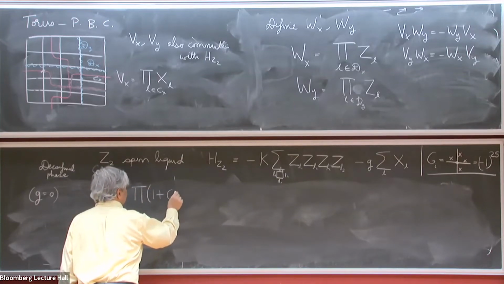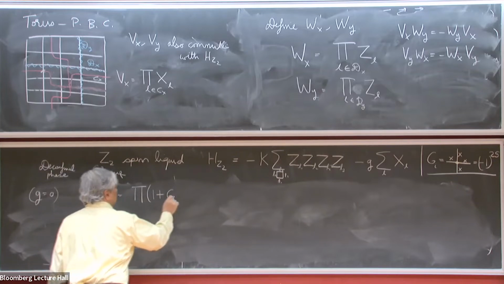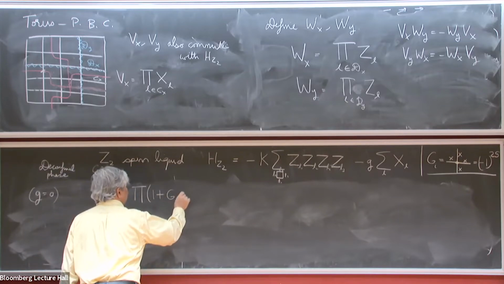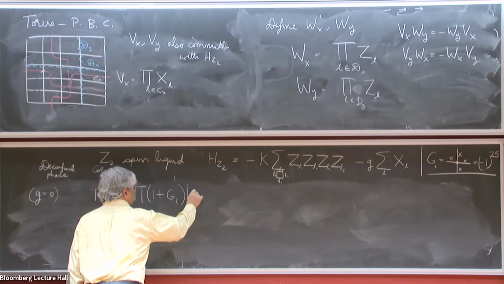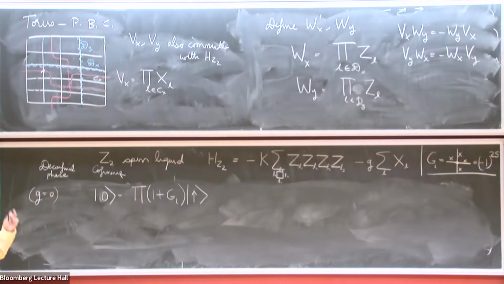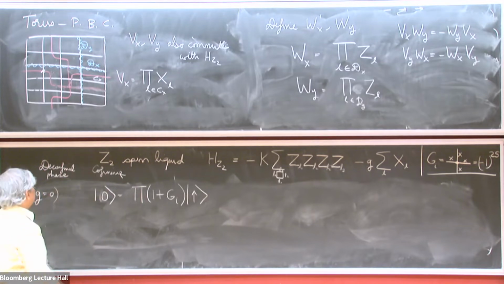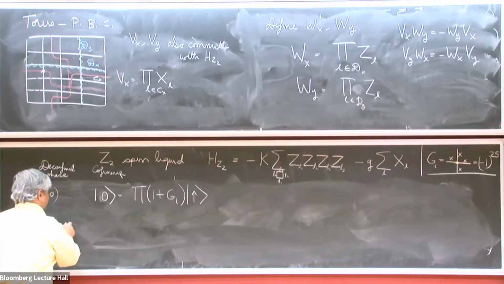The product of 1 plus GI, let me call that the 0 state: 1 plus GI acting on all spins up. So this is also an eigenstate of the system. This is an eigenstate even for the torus, but I can write down other ground states. In fact, I can write down four states.